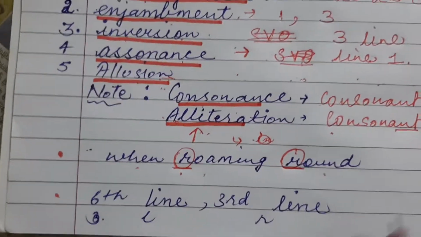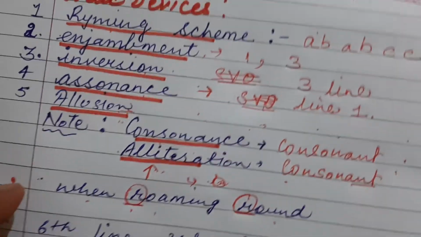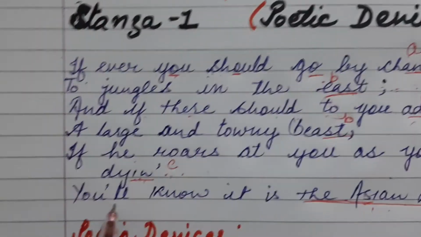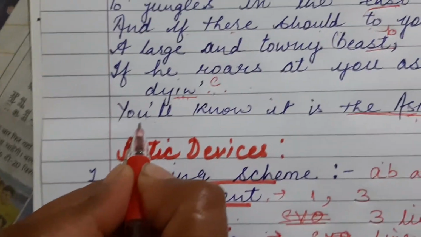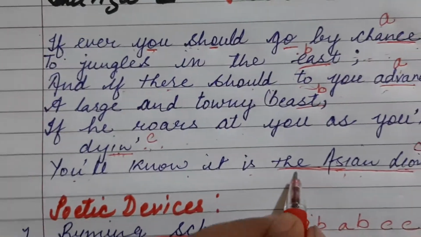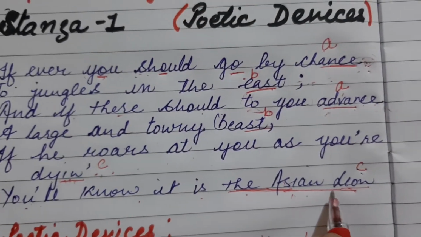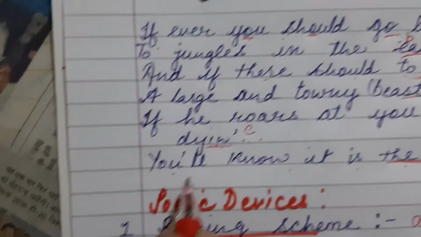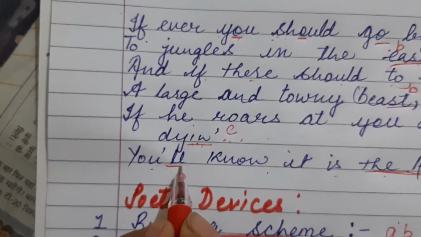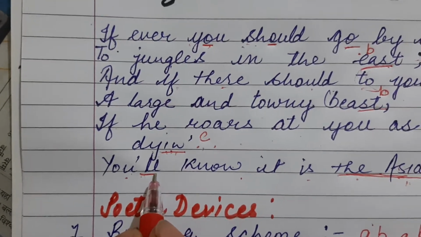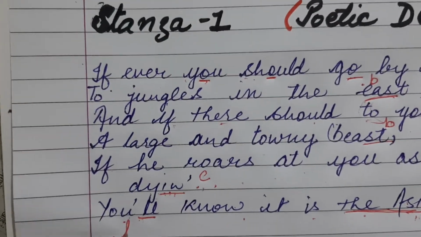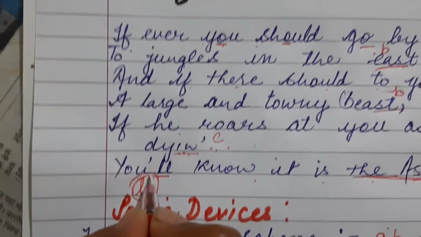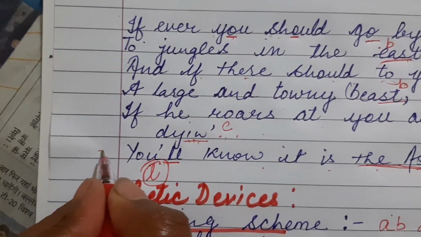Right? Next, I'll take the example here. Sixth line, let us discuss here. You'll know it is the Asian line. See, L is used here at the beginning, but here at the end of the first word, right? So here L sound has been repeated, but it is not at the beginning of the words.